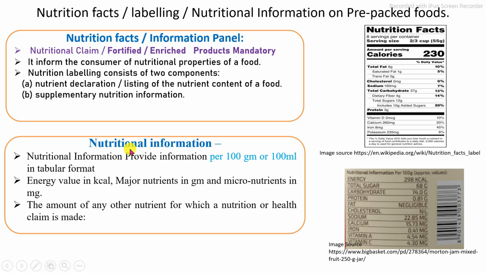And the second one is the nutritional information, which is mandatory for all foods, providing the information per 100 gram or 100 ml of the specific food product in tabular form. This is the typical example of nutritional information per 100 gram of that product.